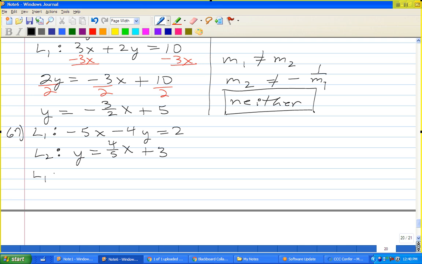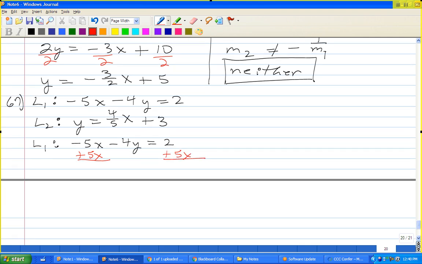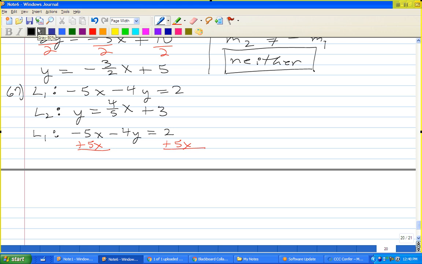Let me do L1 first. So let me try to isolate y on one side of my equation. So let me add 5x to both sides of my equation. So I get negative 4y is equal to 5x plus 2.